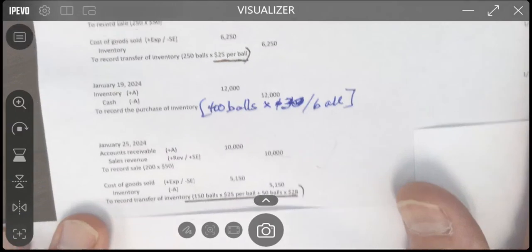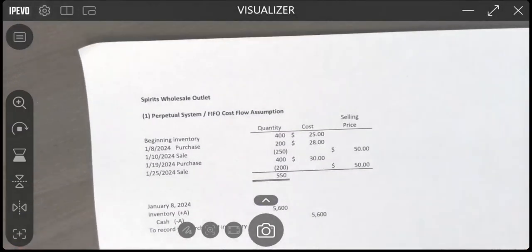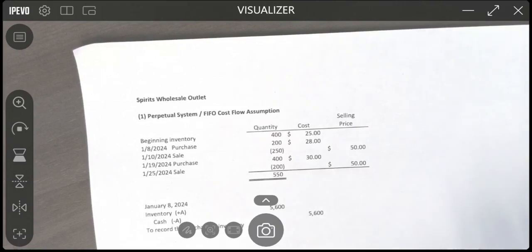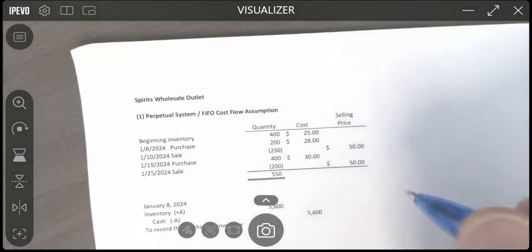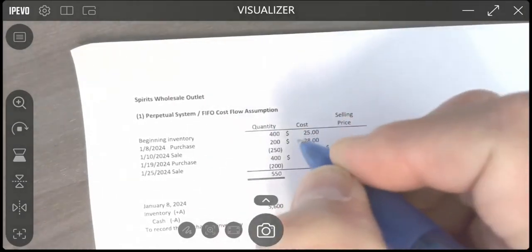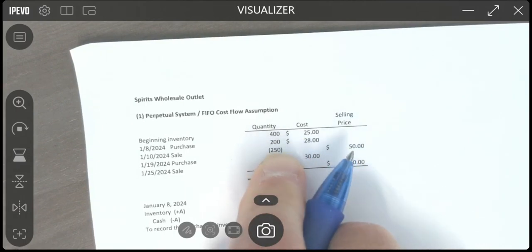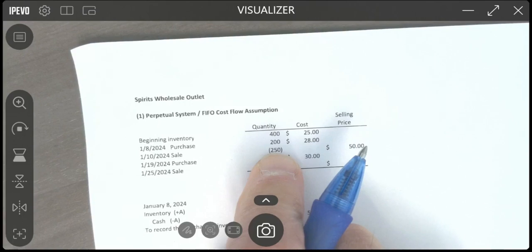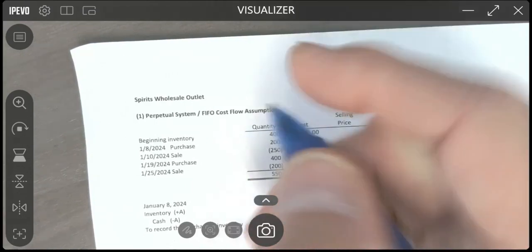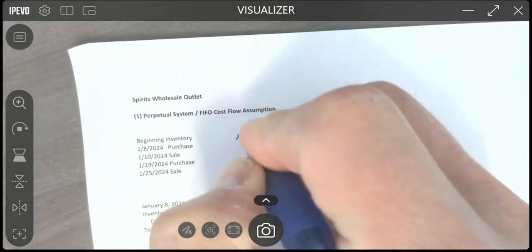But let's go back up to our table of the purchases. Remember, this was down after that sale of 250 balls. This was down to 150.